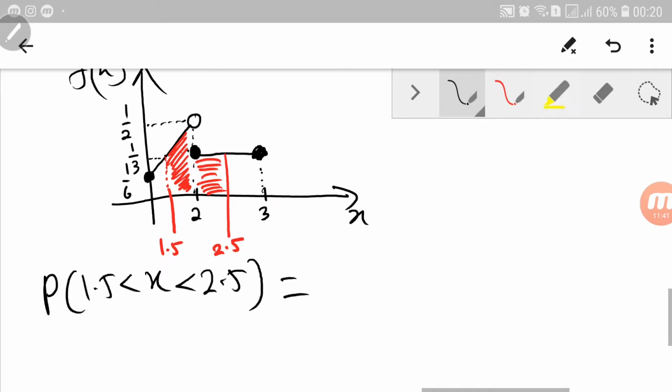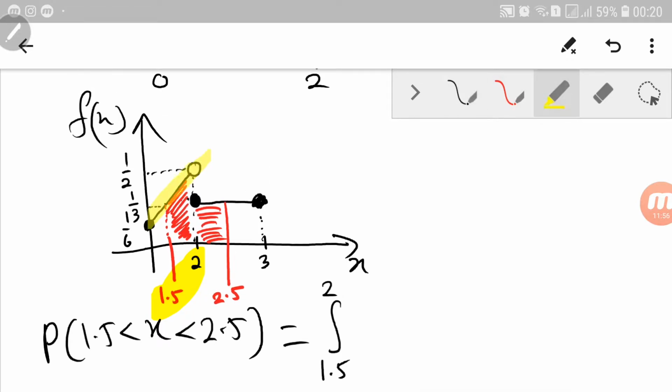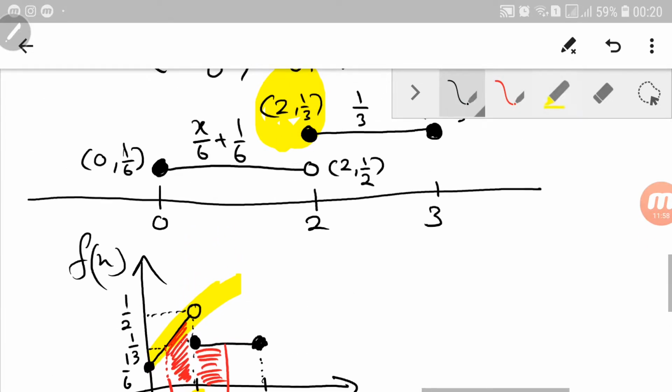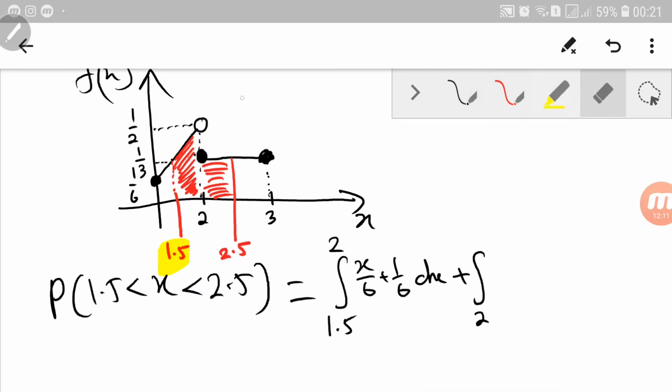So we have to split the integration. For the first integration, it lies from 1.5 until 2. So the upper limit is 2, and the function involved is the first function, which is x over 6 plus 1/6 in terms of x, plus the integration from 2 until 2.5.